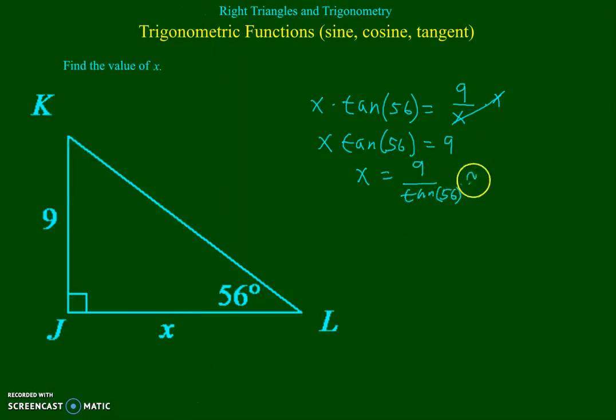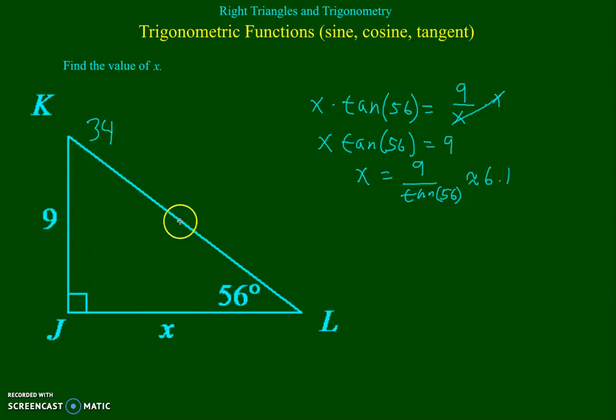Again, if we wanted to use the other angle, we would simply have to subtract this from 90, which is 34, and we do the same exact thing, only with this angle.